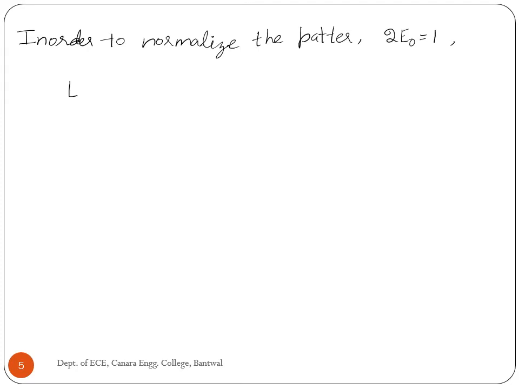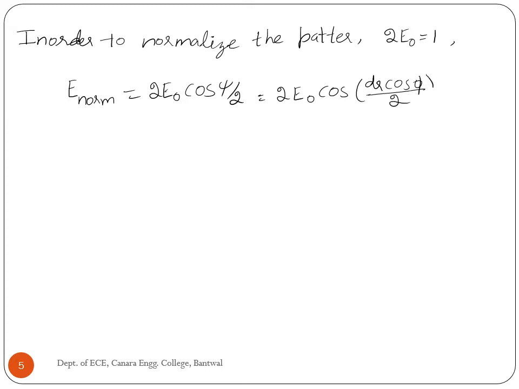Therefore, the normalized total field is equal to cos xi/2. What is xi? Xi is psi cos phi. So, to normalize the pattern, we equate 2E0 equal to 1. Therefore, the normalized field is equal to cos of (psi cos phi)/2.